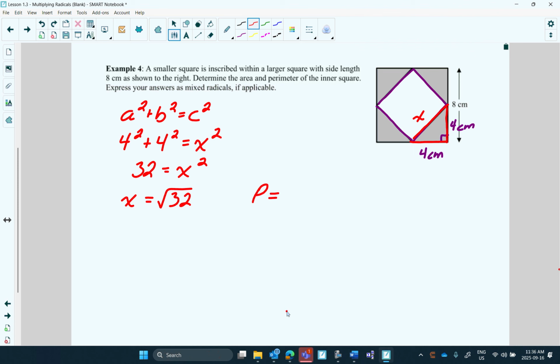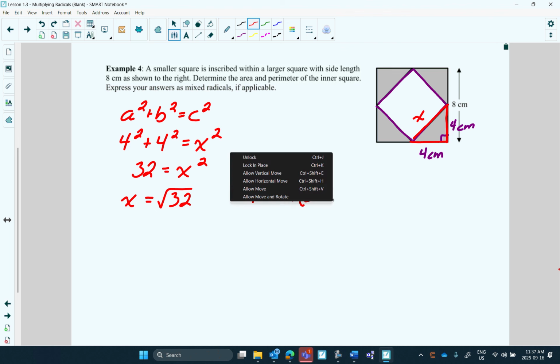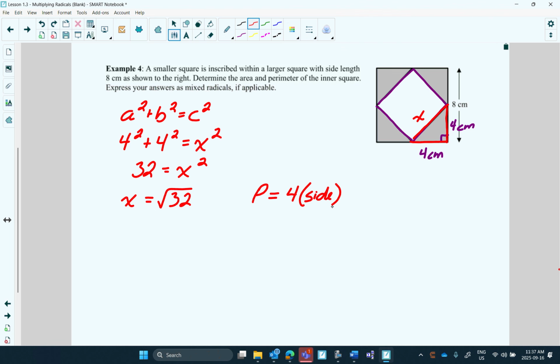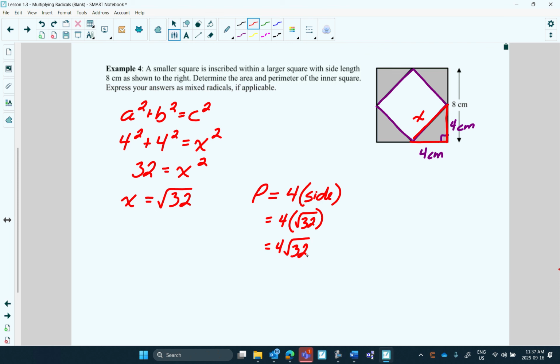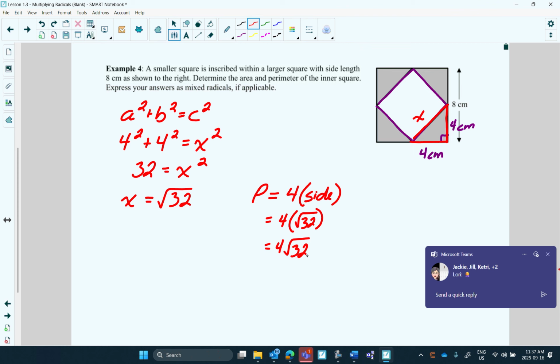How do you find the perimeter of a square? Add up both sides, 4 times the side length, right? So it'd be 4 times root 32, which is just 4 root 32. Can I simplify root 32 or take it exactly?